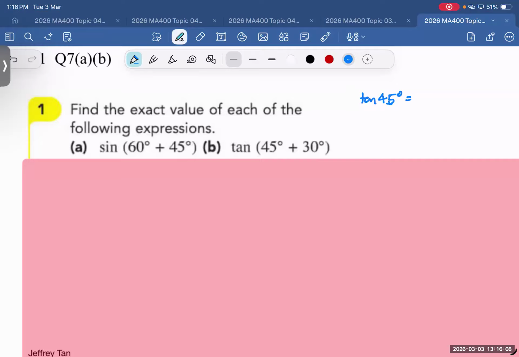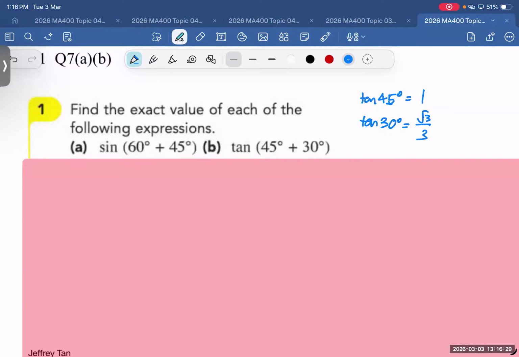There are times where the calculator might not work. Tangent 30 is square root 3 over 3.